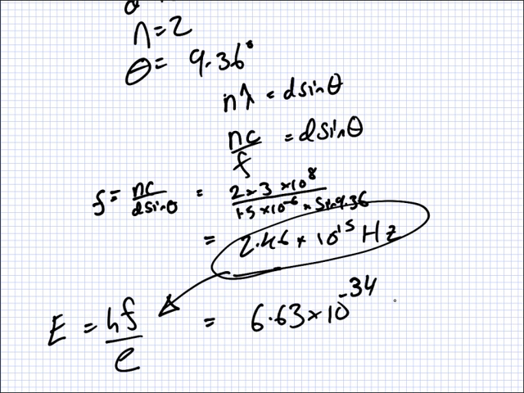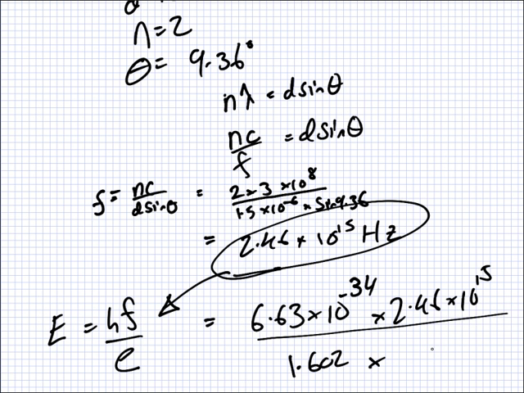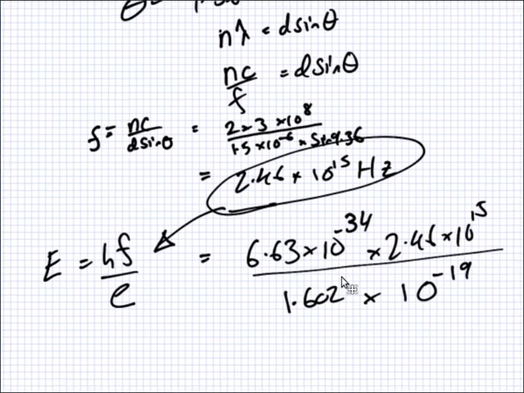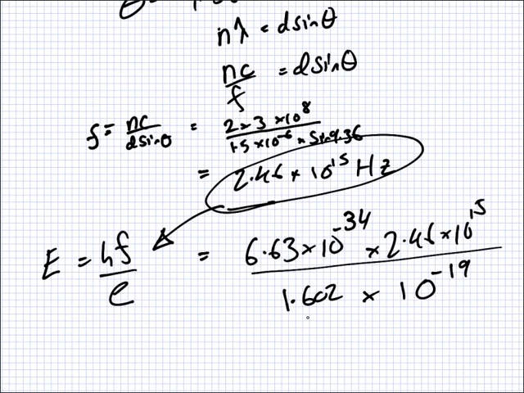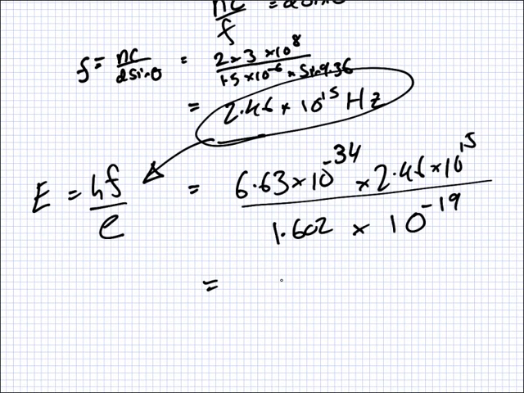Yes. Times 2.46 times 10 to the 15 over 1.602 times 10 to the minus 19. That's 10.2 eV. Okay.